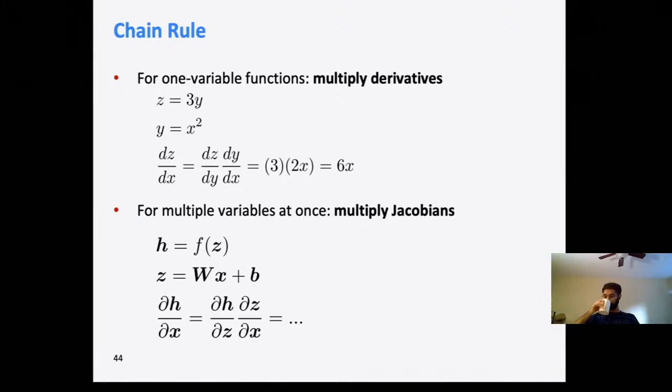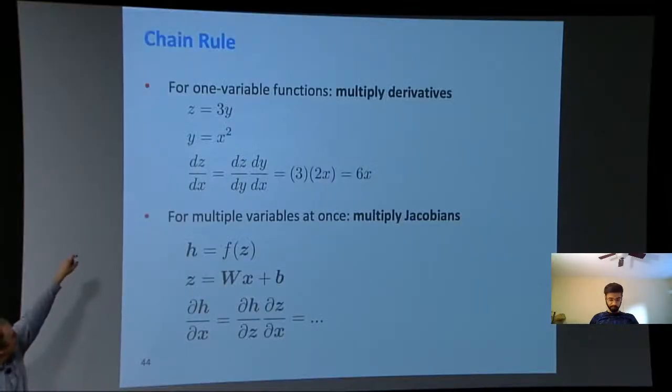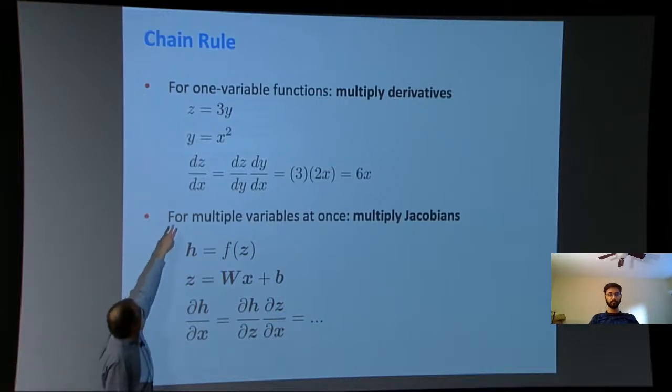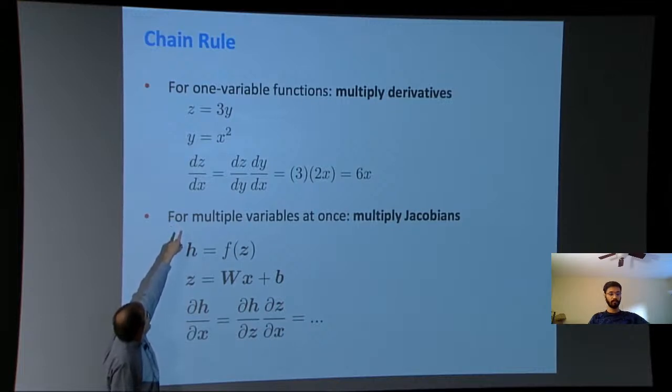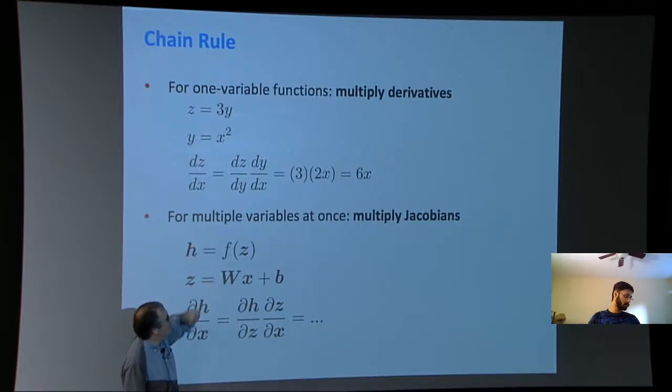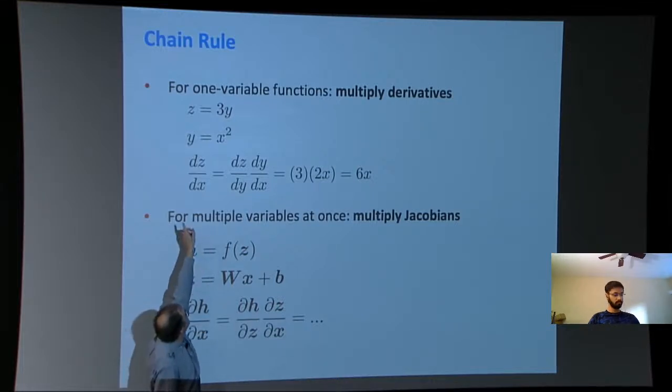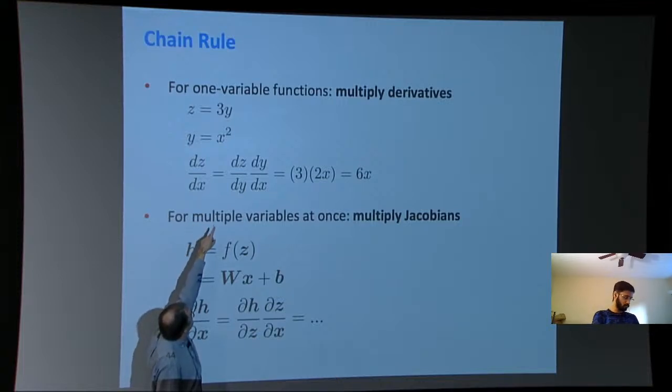So if we have a one variable function, z equals 3y and y equals x squared, and we want to work out the derivative of z with respect to x, we say, aha, that's a composition of two functions. So I use the chain rule, which means I multiply the derivatives.